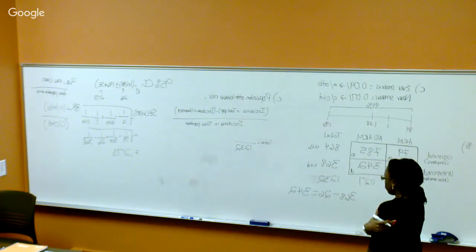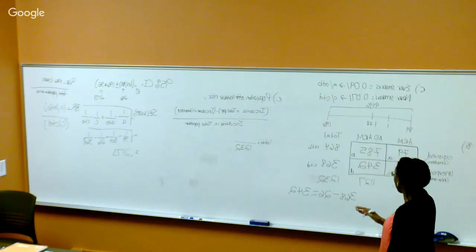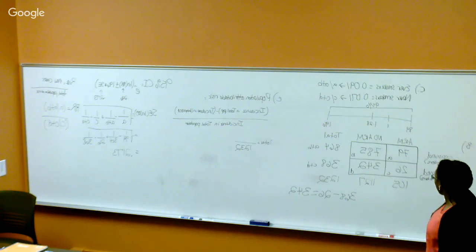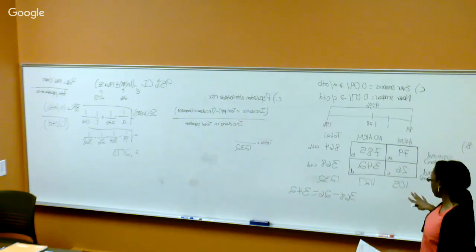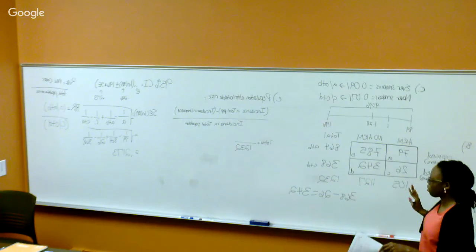1232 minus 26. Not quite. So looking at this table, how do you think you might get the total number of people that have ARM, regardless of what the exposure is, because we don't care about that?